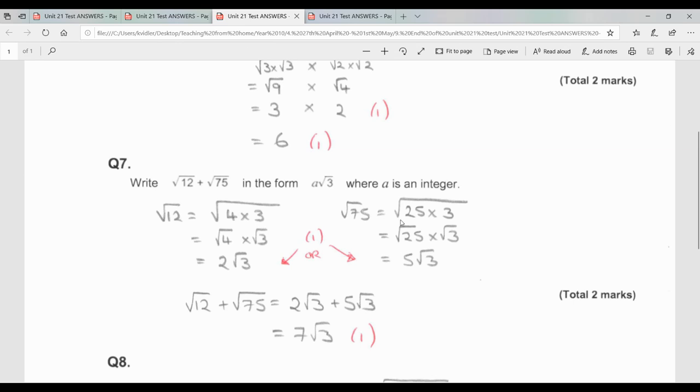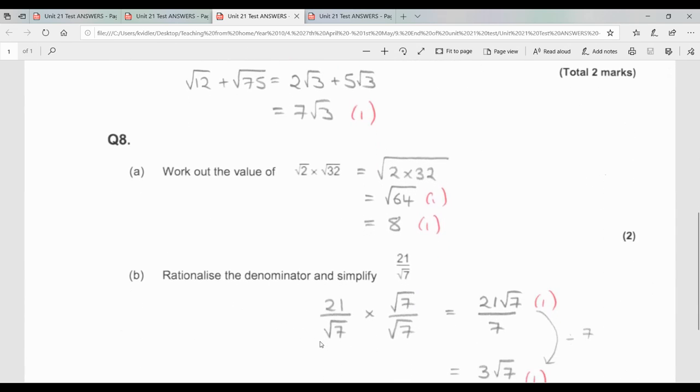Root 75 then, again, the highest factor of 75 that's a square number is 25, so 25 times 3, split it, and then square root the 25 to give us 5 root 3. So either of those two solutions at that point gives you your first working out mark, and then you need to add them together. So 2 root 3 added to 5 root 3 gives you 7 root 3. Again, 7 root 3 is your final answer, fully correct for 2 marks, and you can rag that one.